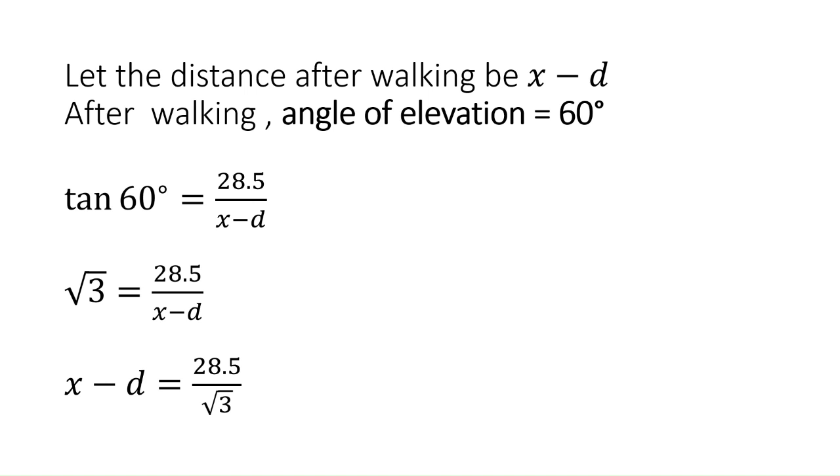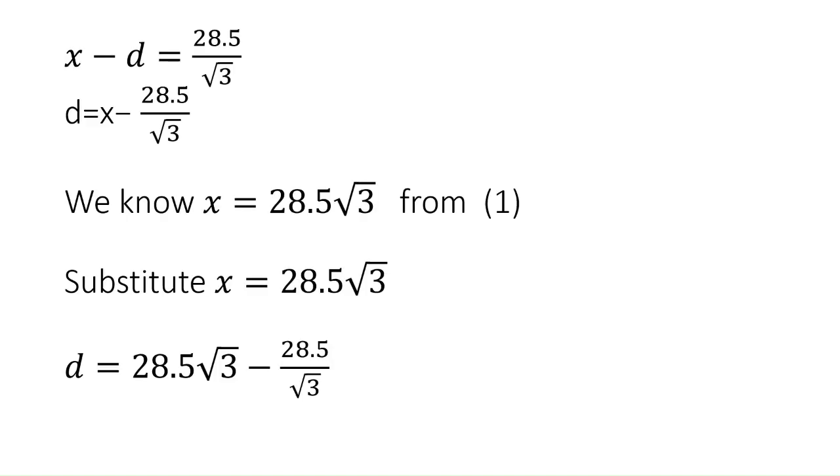So tan 60 is equal to 28.5 by x minus d. We know tan 60 is equal to root 3. So root 3 is equal to 28.5 by x minus d. So x minus d becomes 28.5 by root 3.